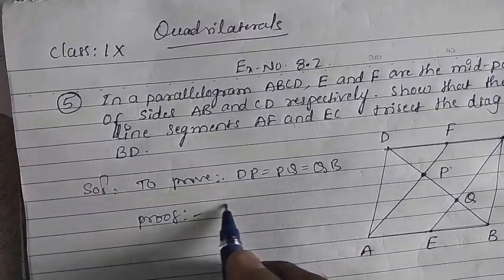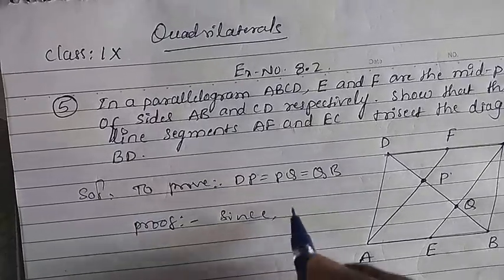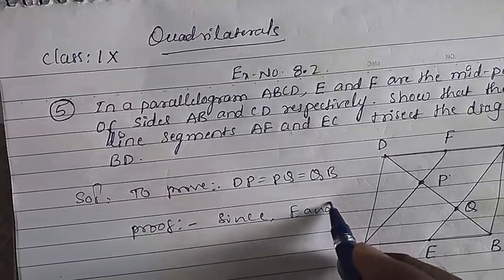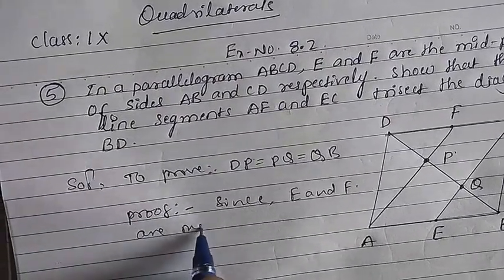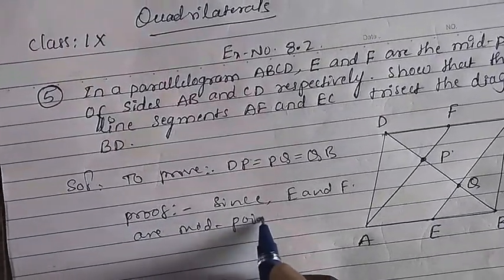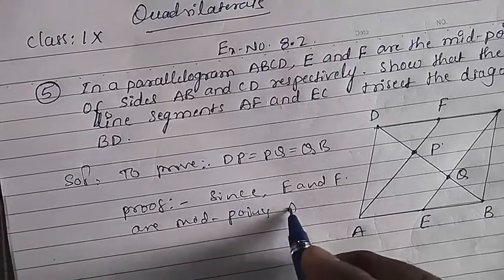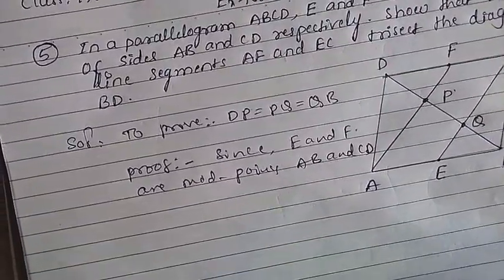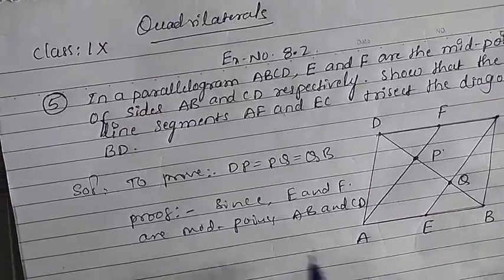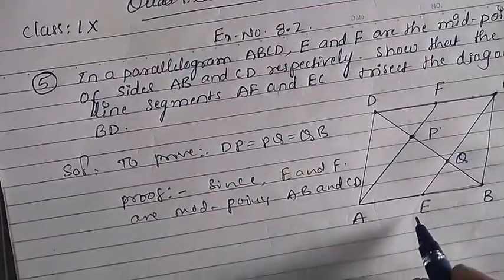Now you have to write, since E and F are midpoints of AB and CD respectively. So these are the midpoints, which means how can you write here?